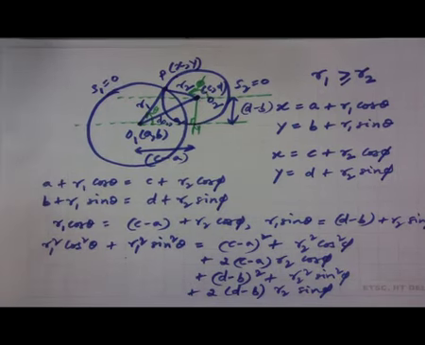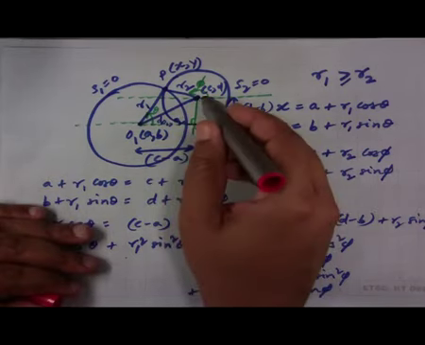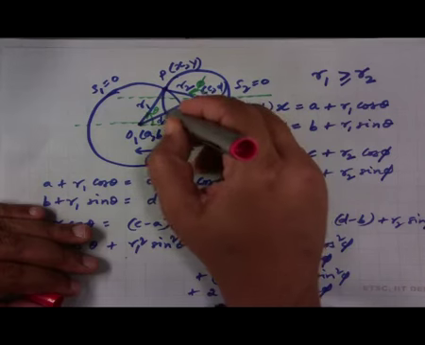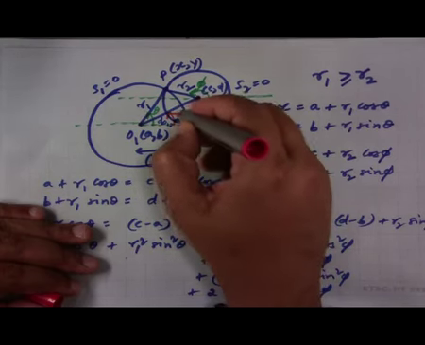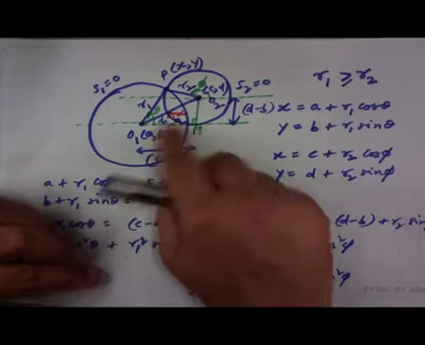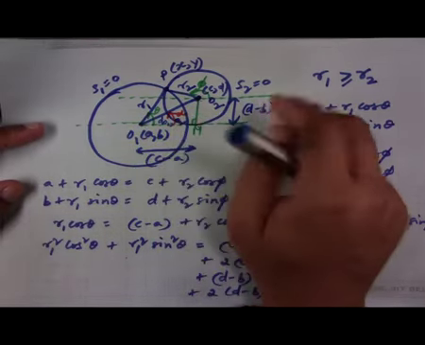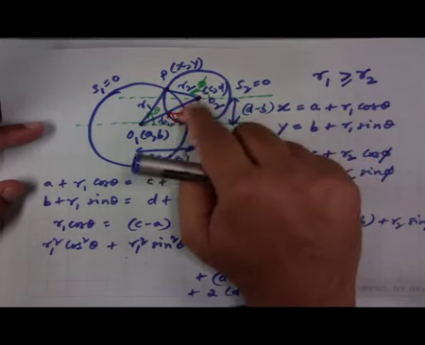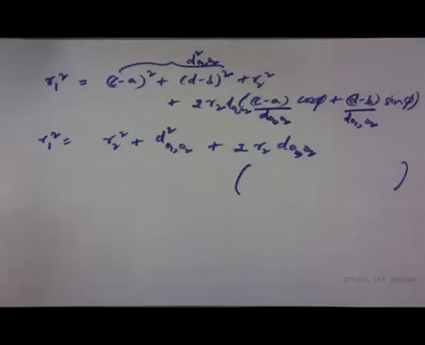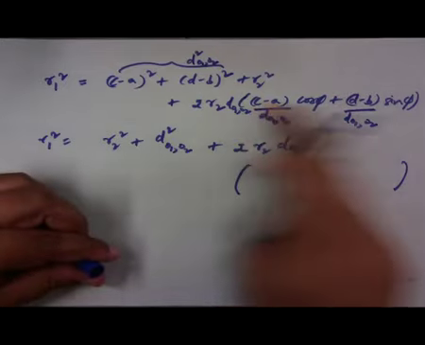Let us denote this angle MO1 O2 by alpha. It is easily seen that c minus a divided by d O1 O2 is cos alpha, and d minus b divided by d O1 O2 is sin alpha.